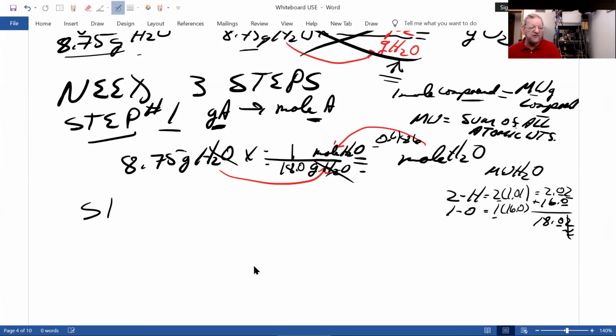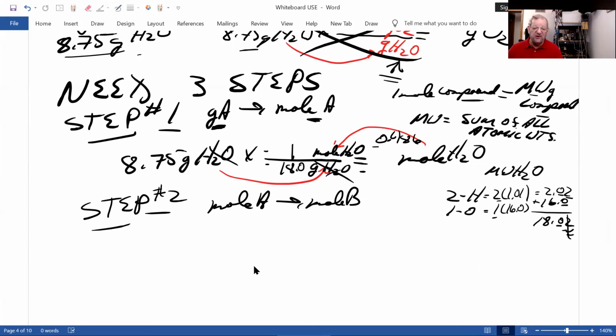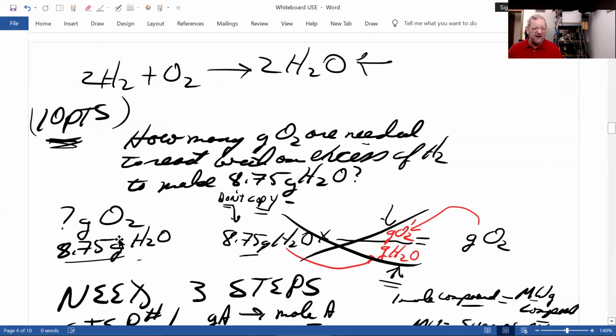And now we do step 2. Moles of A to moles of B. And what do we do? We look up here and say, I'm trying to get the grams of oxygen. So that's my B. I've got already moles of water.